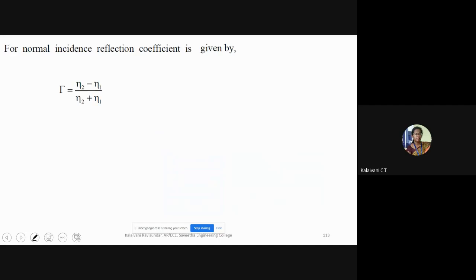In propagation, the reflection coefficient is given by eta 2 minus eta 1 divided by eta 2 plus eta 1. So what is eta? Eta is equal to root of mu by epsilon. So eta 1 will be equal to root of mu 1 by epsilon 1. Mu 1 will be equal to mu naught into mu r1. Epsilon 1 will be equal to epsilon naught into epsilon r1.